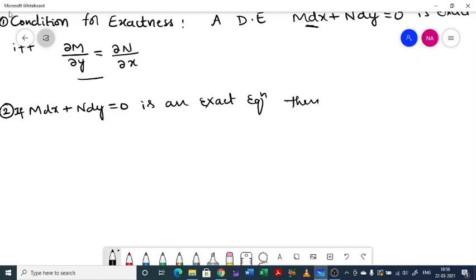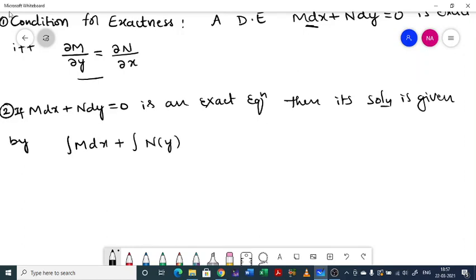Then its solution is given by integral M dx plus integral N of y dy equal to c, where N of y represents terms in N. See, this is very much important.